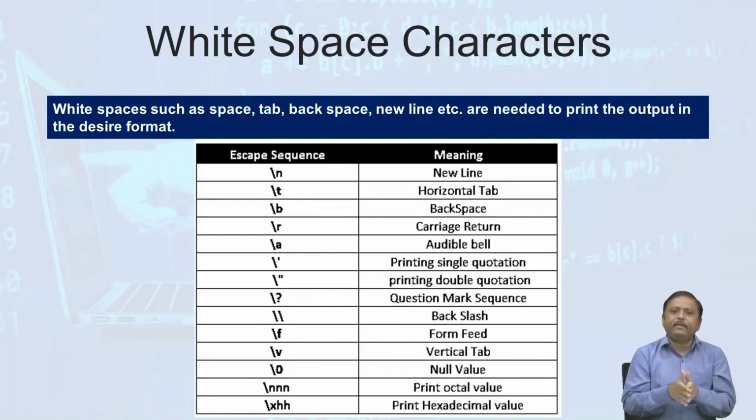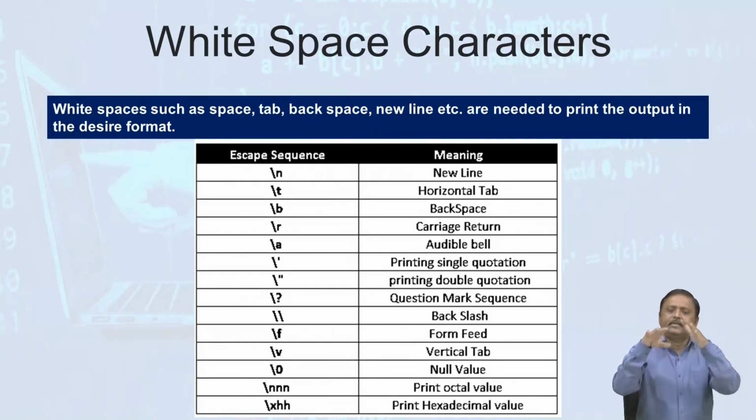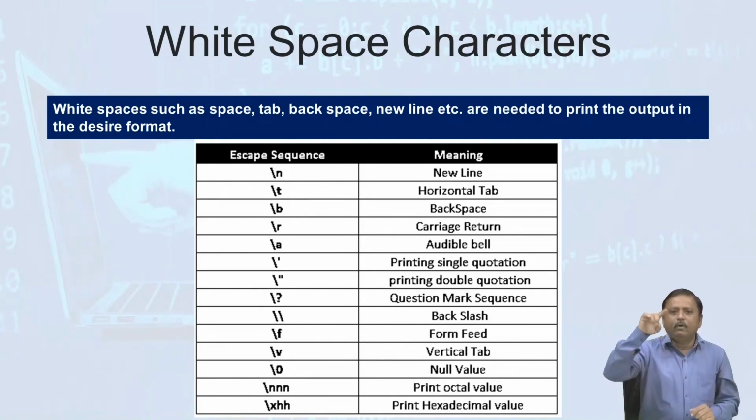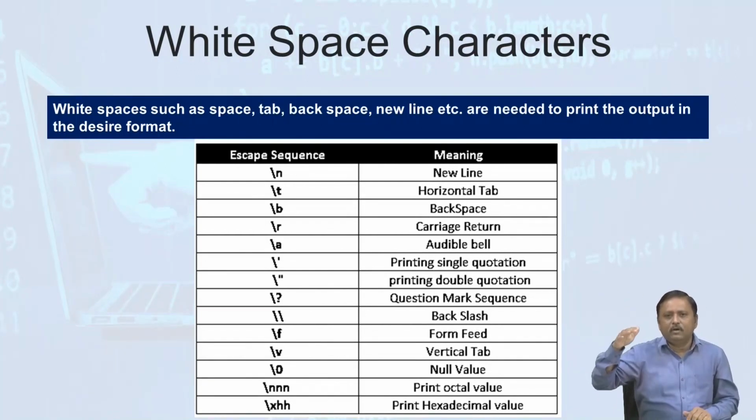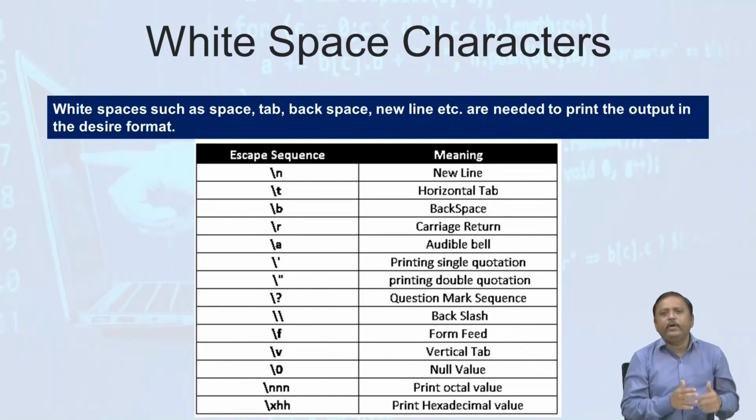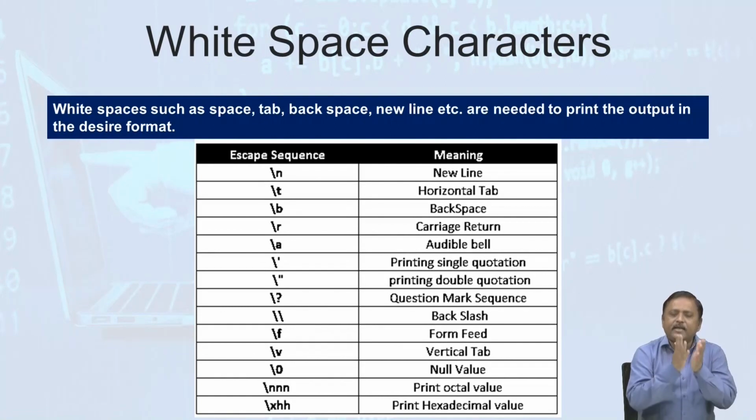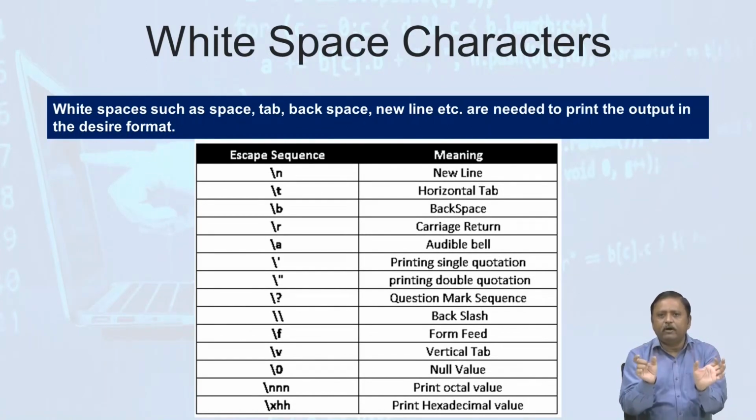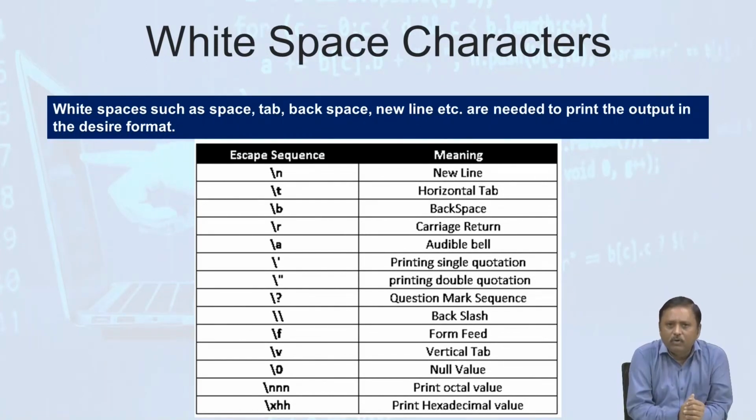So \n represents a new line. It means whenever I write \n inside printf, everything from \n onwards is going to print on the next line. Similarly, \t is considered a horizontal tab. So it separates the words with 4 or 8 spaces, right?